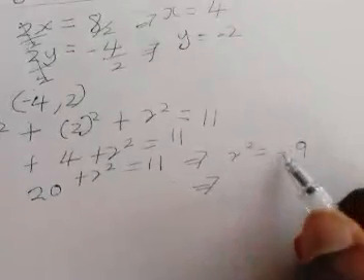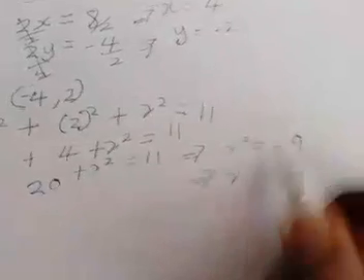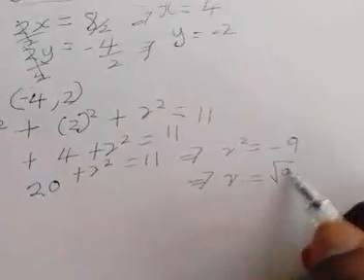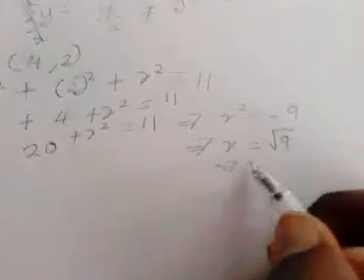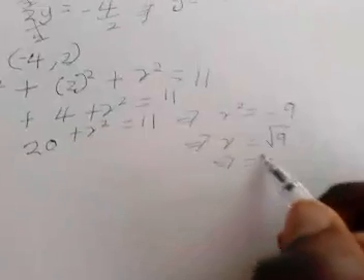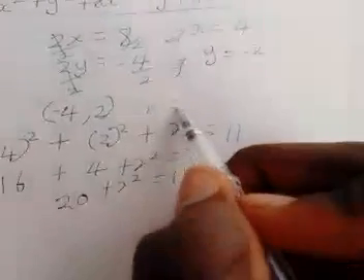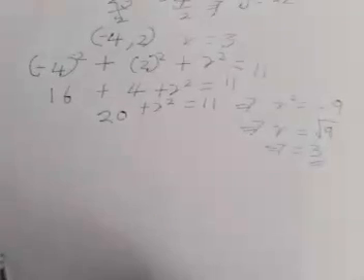So I'm going to, in a moment, forget my negative value and I'm going to take the square root of 9 because it's radius. And my radius is the square root of 9, which is 3. So these are my coordinates and my radius is equal to 3. So that's how simple it is.